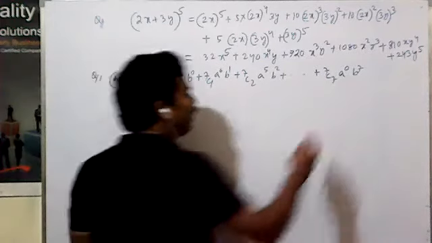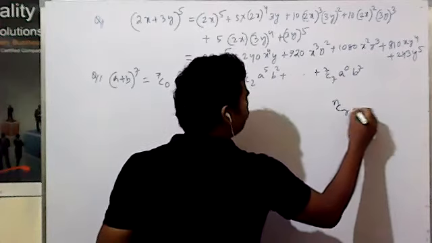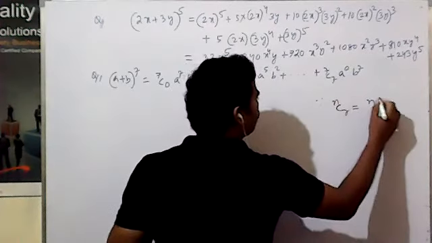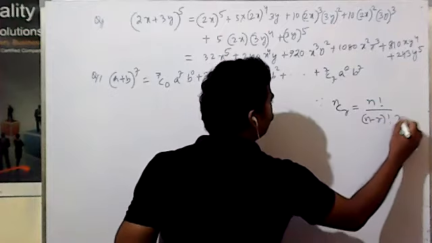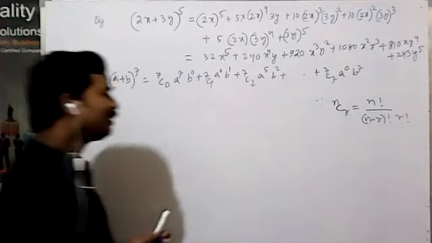You know that nCr is equal to n factorial divided by (n minus r) factorial into r factorial.